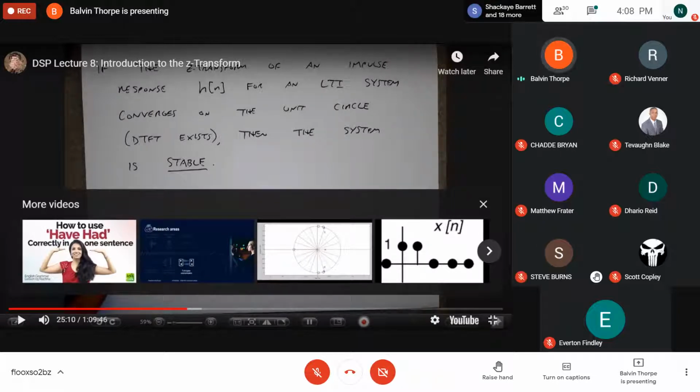So here, we're talking about the Z transform being defined in a specific way, which shows you that the system is stable.